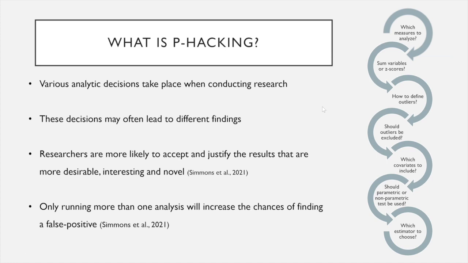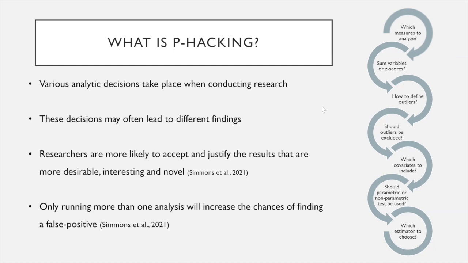So it can happen as this persistent data analysis with the goal to obtain a statistically significant result, usually to support the researcher's hypothesis. And it can happen when researchers try out several statistical analyses and eligibility specifications, and then selectively report only those that produce those significant results.